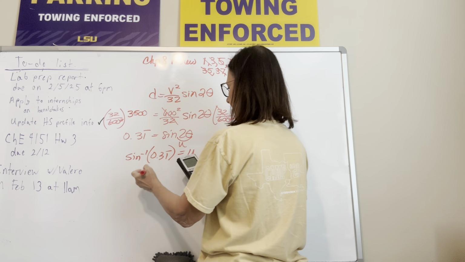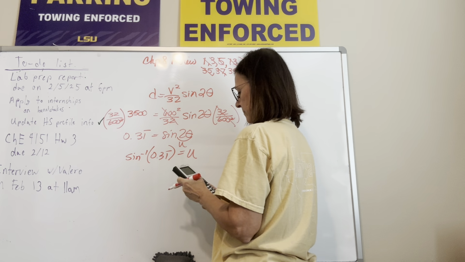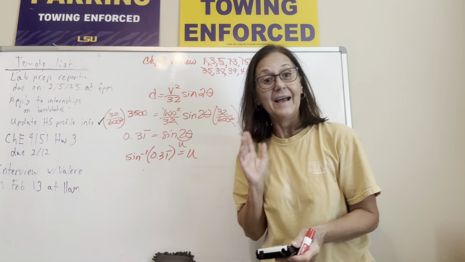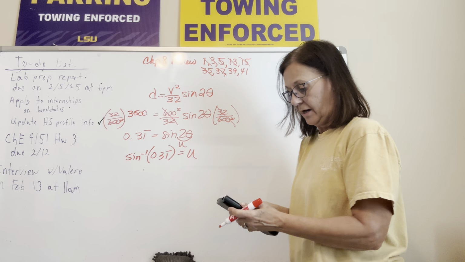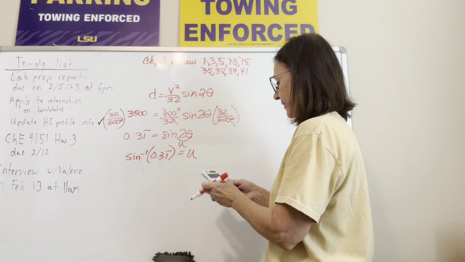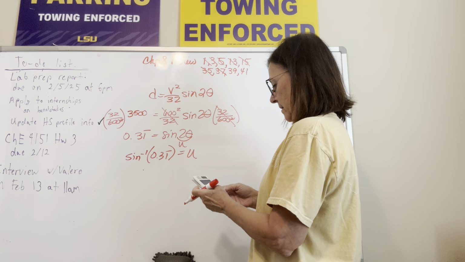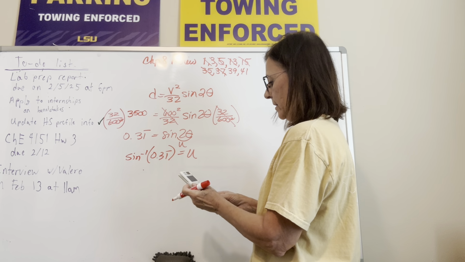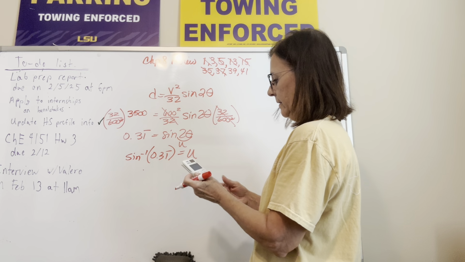All right. So I get, let me just make sure. Wait, it's theta. It has to be degrees. All right, so I'm gonna use my other calculator. This one's in degrees. All right, shift sine 0.31 repeating.